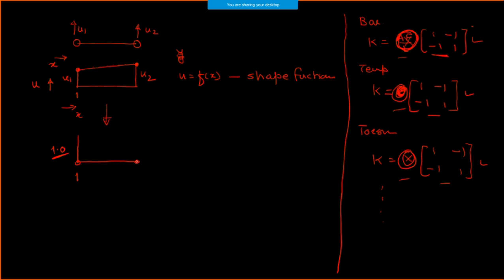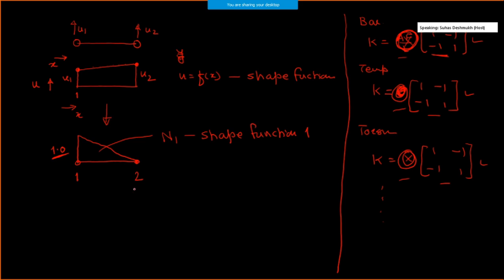And for the other node, that is the second node, I'll assume the displacement is zero here. Okay. Now I can quite easily define this. This is what is called the shape function, the shape function for node number one.